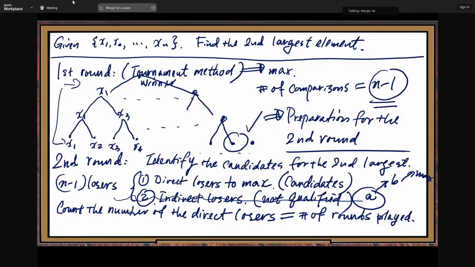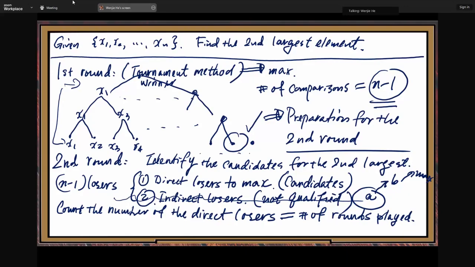Is it related to log base 2 of n? Every round, approximately half of the players are eliminated. Every round, the number of players is divided by 2, approximately.